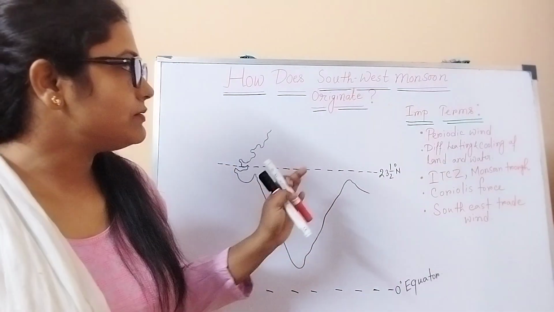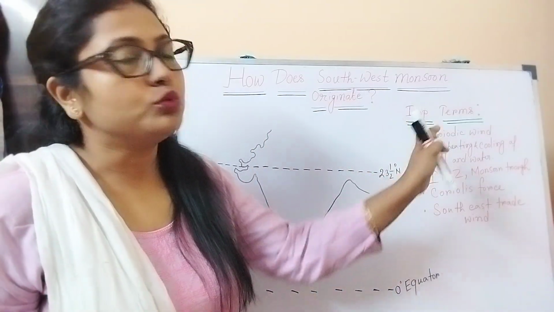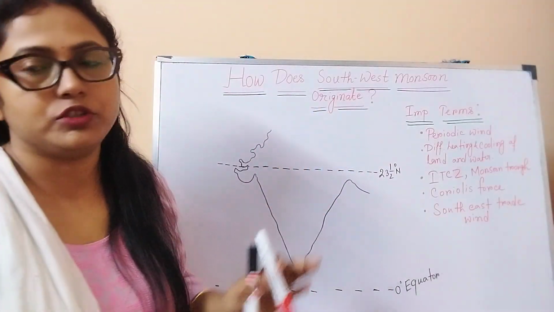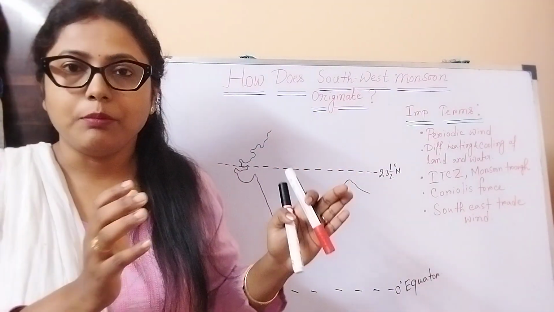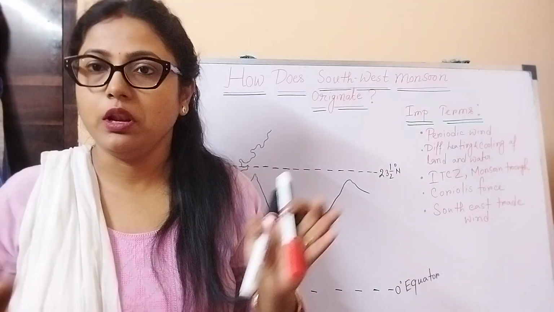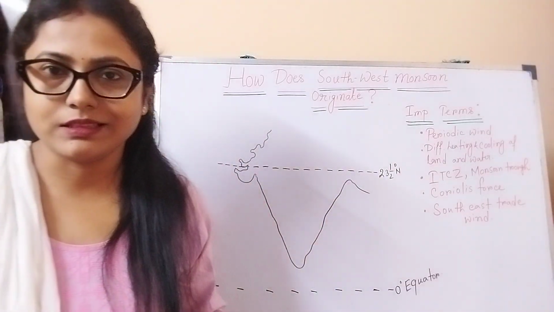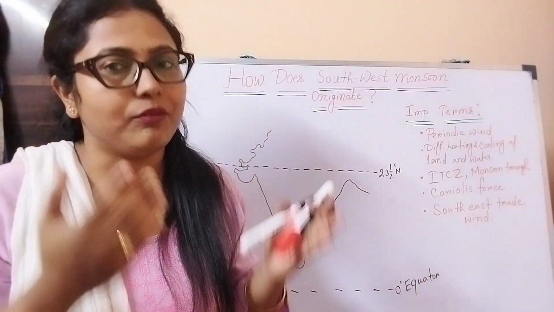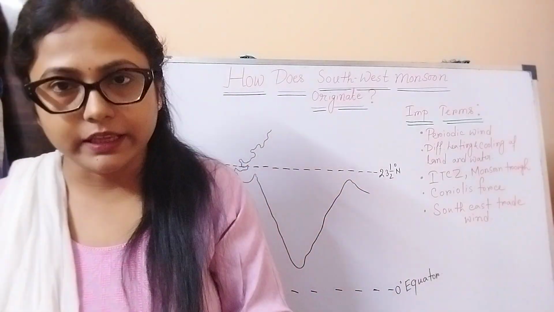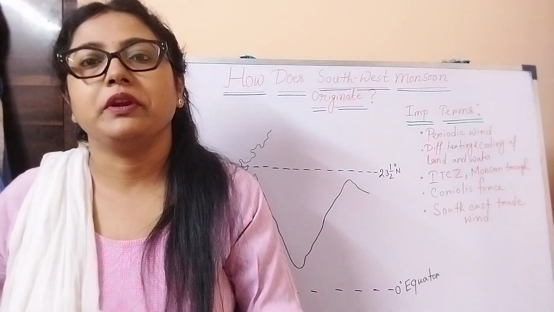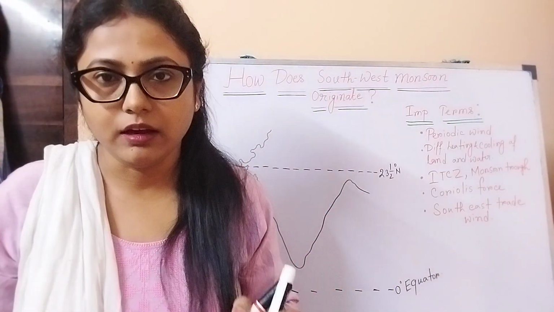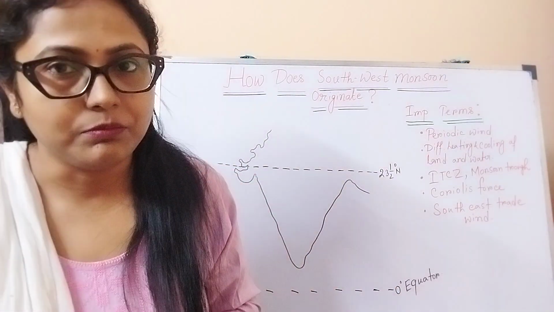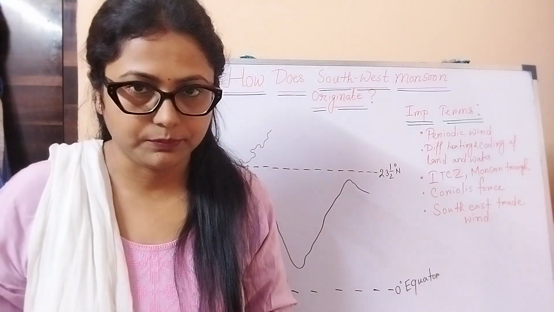Today I have selected a topic where most of the students face difficulty, that is how the southwest monsoon originates. So in the climate chapter, what is climate? You have come to know in your previous classes, in class 9 and class 7, that climate is the average atmospheric condition or weather of a certain area over a long period of time, say 30 to 35 years.